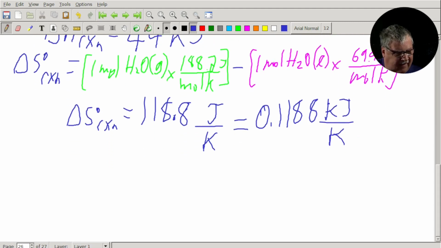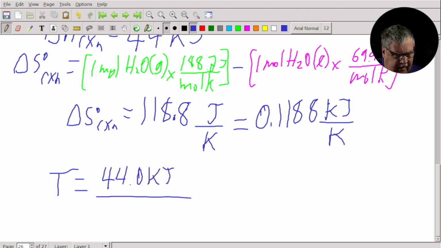So now we can say, all right, let's estimate the boiling point of water. We're going to take that delta H, which is 44 kilojoules, actually 44.0 kilojoules, and we're going to divide that by 0.1188 kilojoules per Kelvin.